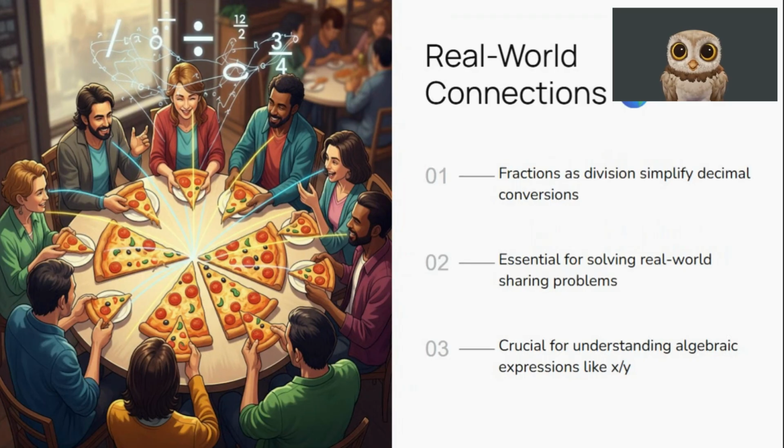And finally, it's absolutely crucial for understanding algebraic expressions. When you see x over y in algebra, you'll immediately know it just means x divided by y, which makes solving equations so much easier.